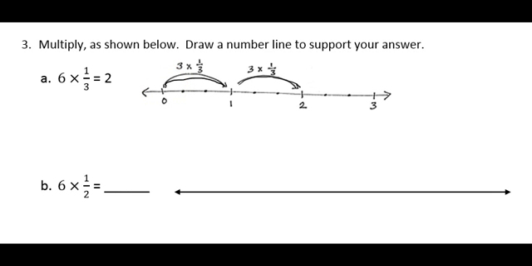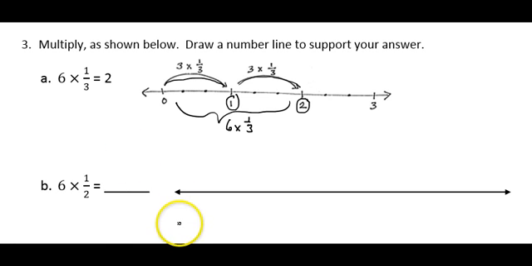That's a total of 6 groups of 1/3, or 6 times 1/3. Since the first hop was 3 groups of 1/3, that landed at 1 whole. And then the second hop of 3 groups of 1/3 landed at 2 wholes. That's why 6 times 1/3 equals 2 wholes.